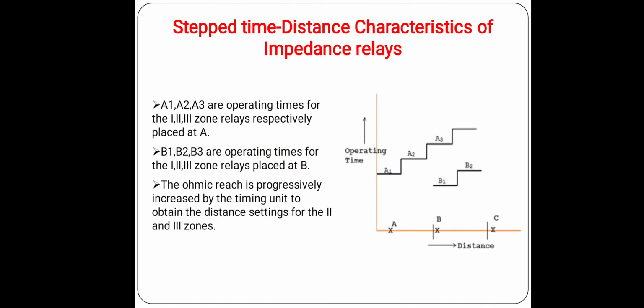Sometimes two units can be employed, one unit for the first zone and one unit for the second zone, and a separate unit for the third zone. Sometimes the distance setting for the second zone is done by the timing unit.